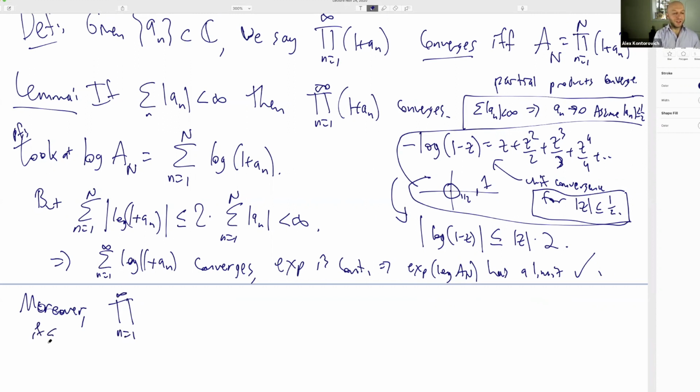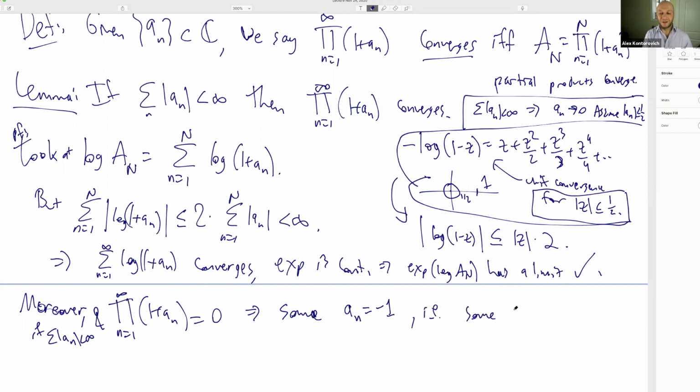Moreover, if the series converges and the product converges to 0, well, that can't happen, I claim, unless that implies some AN is equal to -1. That is, some 1 plus AN is equal to 0. One of these terms has to be equal to 0. If one of the terms is equal to 0, then of course the entire product is 0.